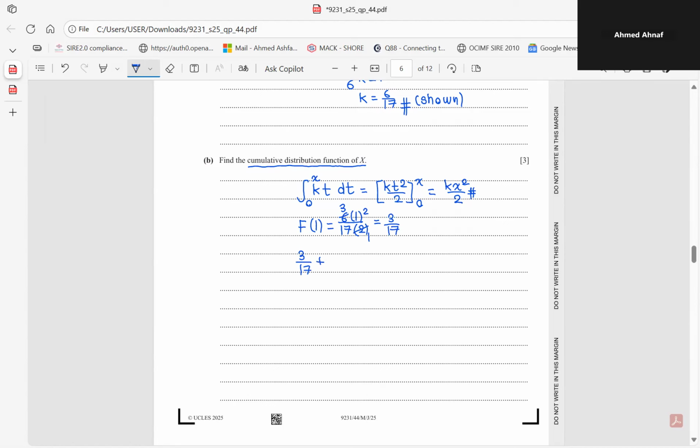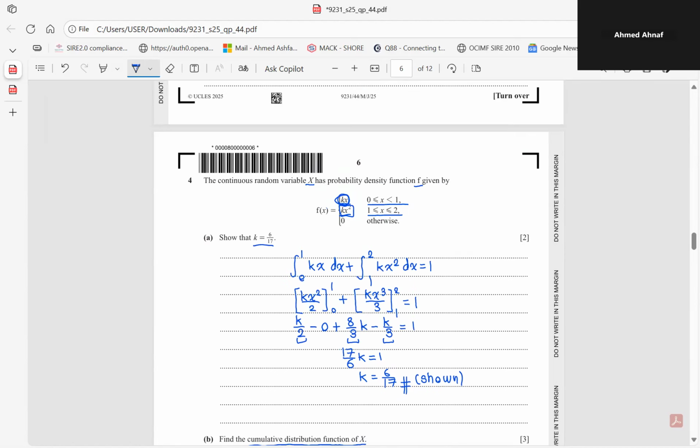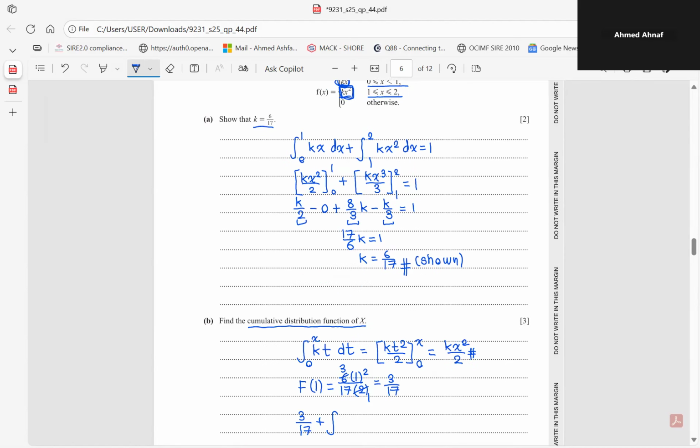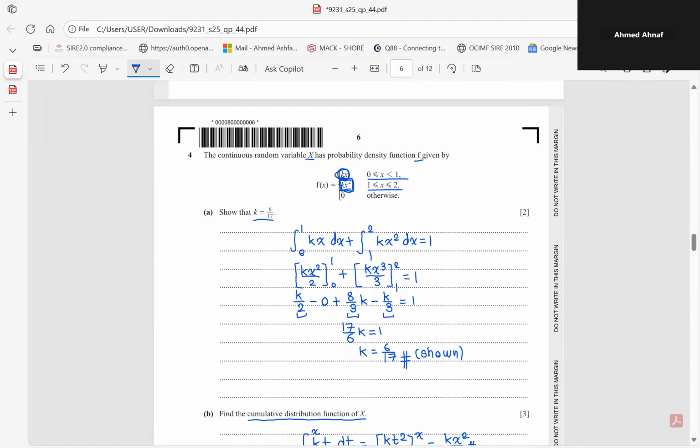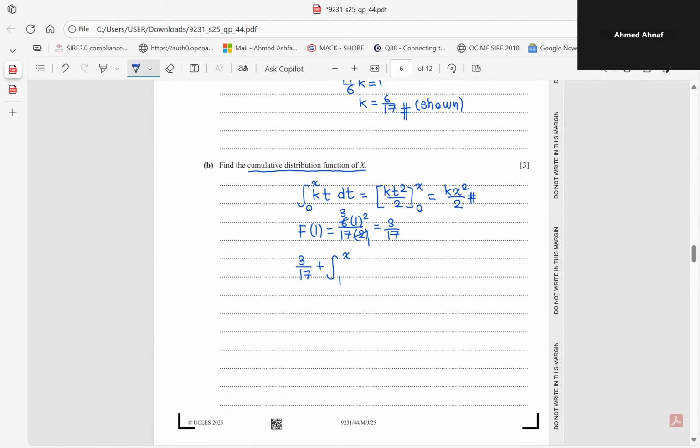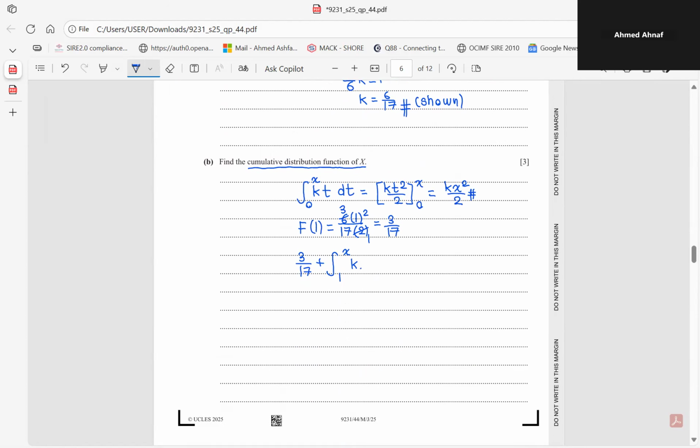plus the integral, same process for this: only take the lower limit, the upper limit you replace with x. So this is just kt squared dt.